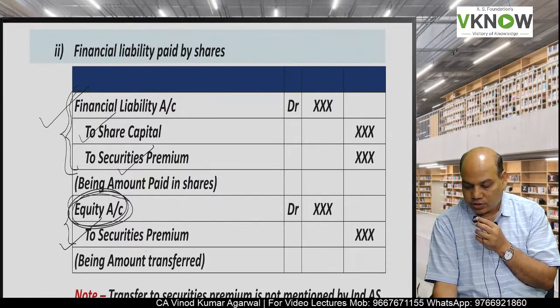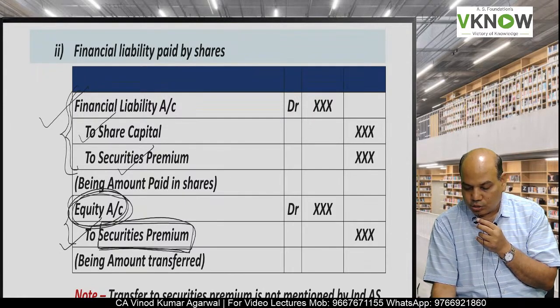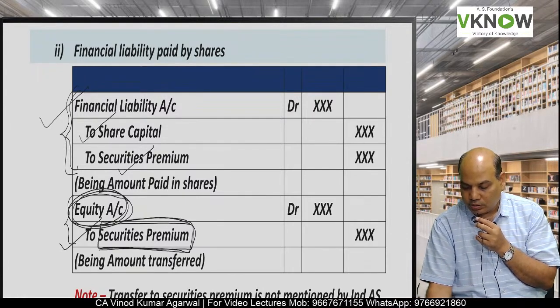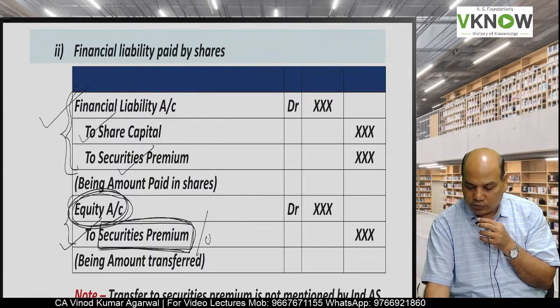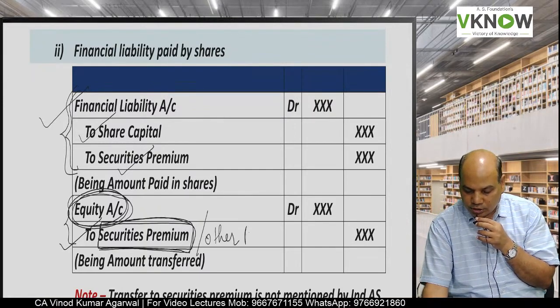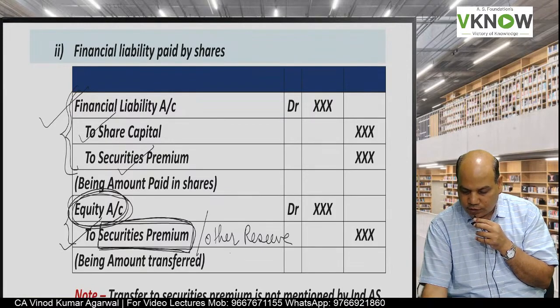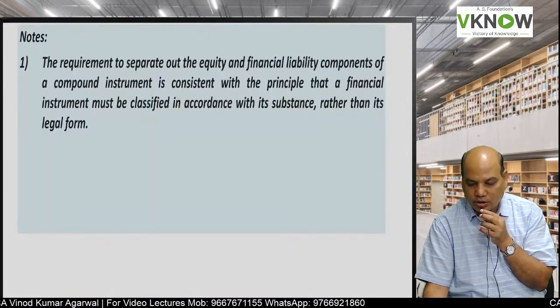Although the standard does not tell you which account you will credit, normally we will transfer to securities premium, or we can transfer to any other reserve also if there is any balance in equity account.